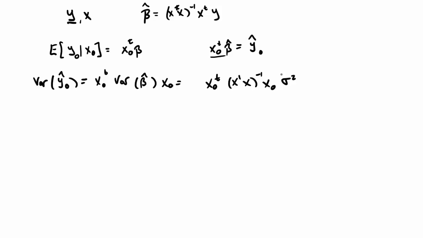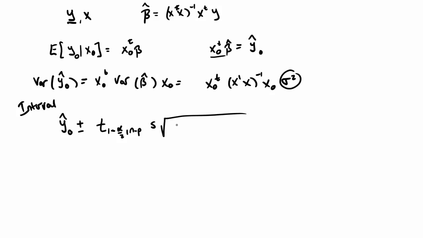Okay? And we can generate our t-interval like we've done in some of the previous lectures, so that we can get our interval estimate. Our interval is going to be y hat naught plus or minus a t 1 minus alpha over 2 and n minus p degrees of freedom times s, our residual variance estimate, times the square root of x naught transpose x inverse x naught.